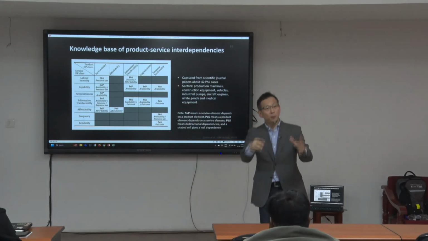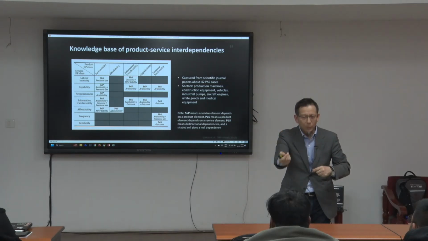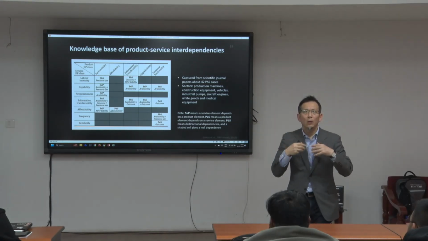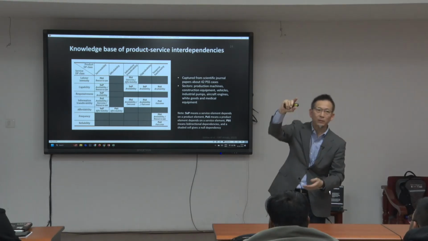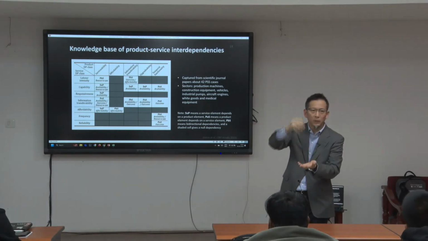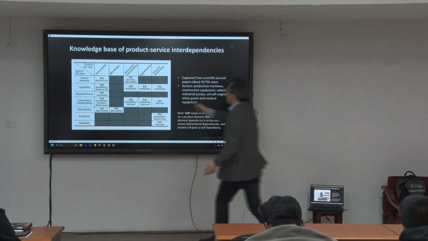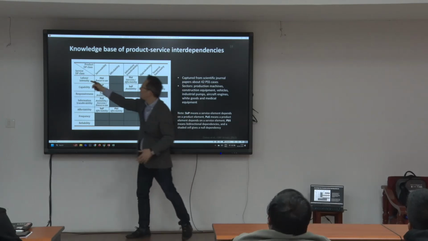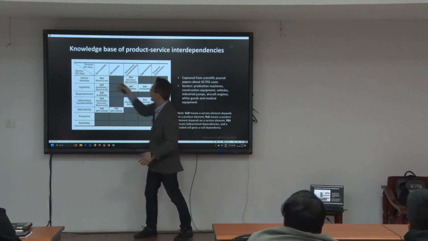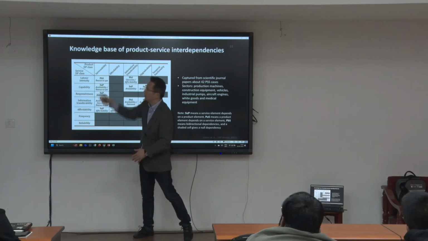For example, the product was expected to show some information, I don't know, product condition, for example battery power left, or things like that. This matrix shows that it has a dependency to three service design parameter classes, for example labor intensity and others.